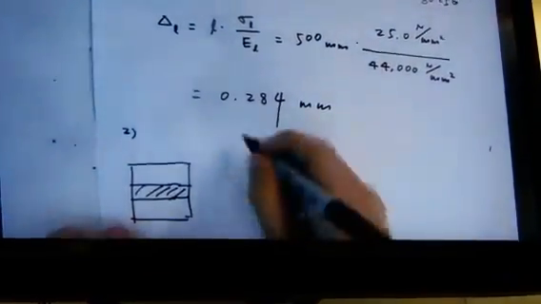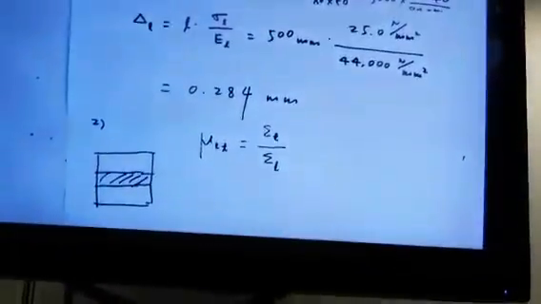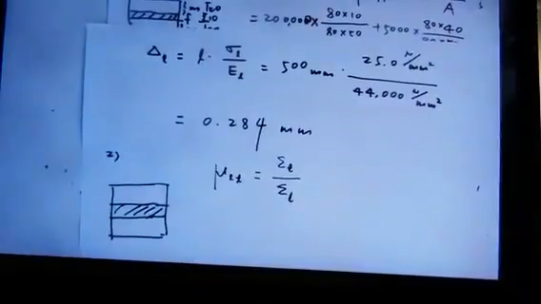So Poisson's ratio mu LT should be equal to epsilon T over epsilon L. This is the definition of Poisson's ratio. The major Poisson's ratio means the reduction along the transverse direction divided by the elongation along the longitudinal direction.